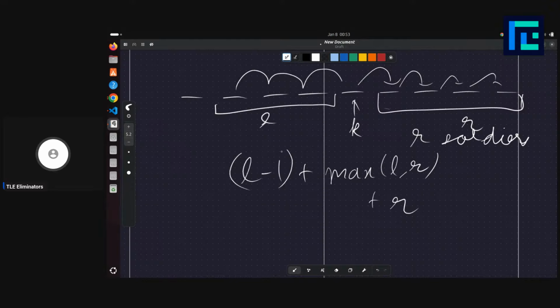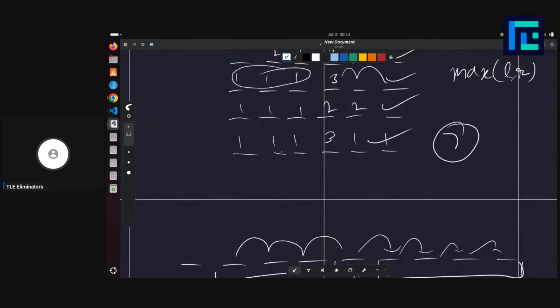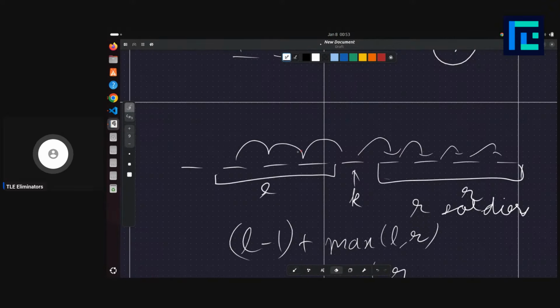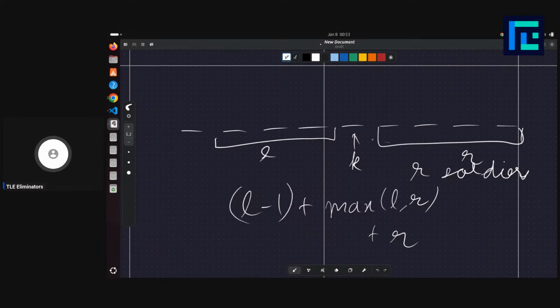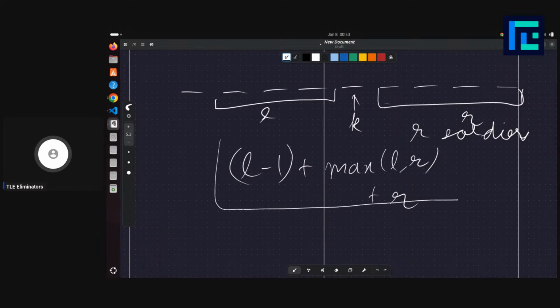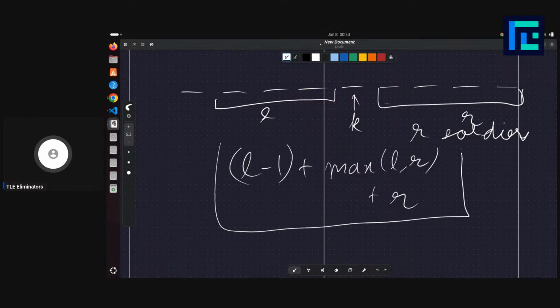So if you want to fortify, this is the answer. If you want to fortify L bases to the left, R to the right, and 1 in the middle, then this is the minimum amount of time that you will take. Okay.